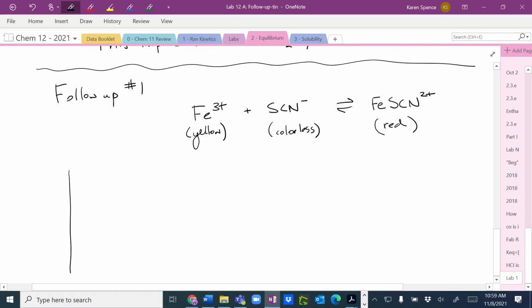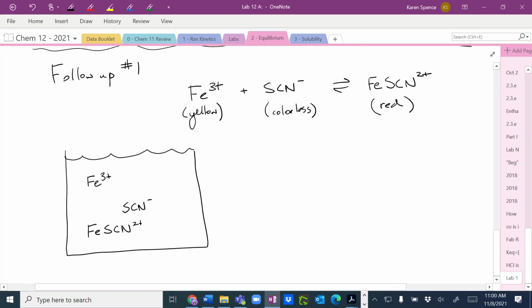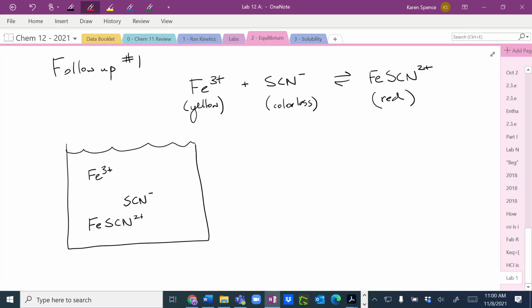So I now have a beaker that contains Fe3+, SCN-, and FeSCN. And I could draw more of them, but I'm only going to draw one because it just makes my life a little bit easier, yes?